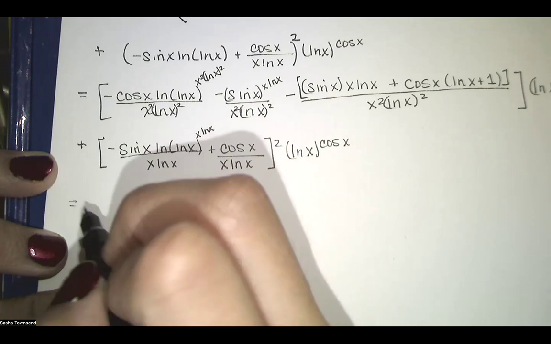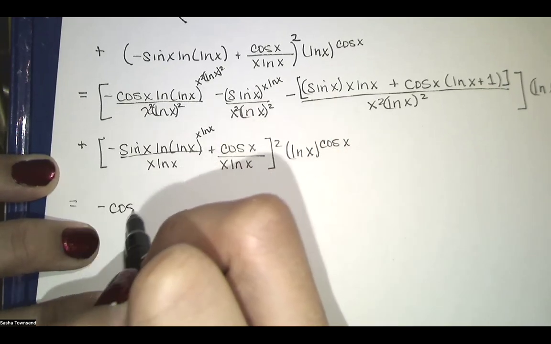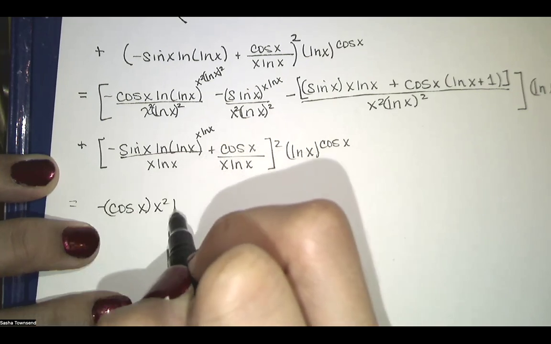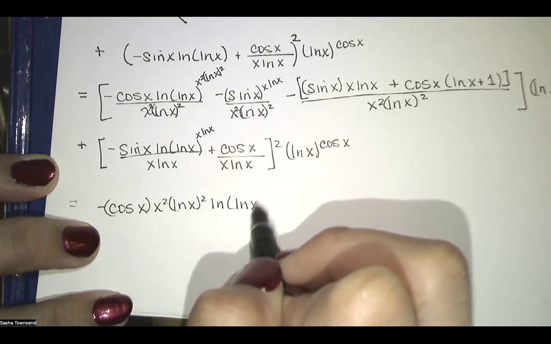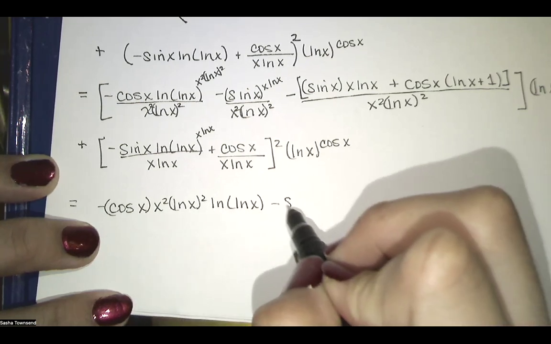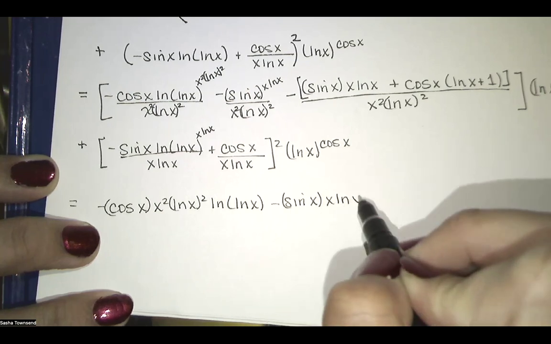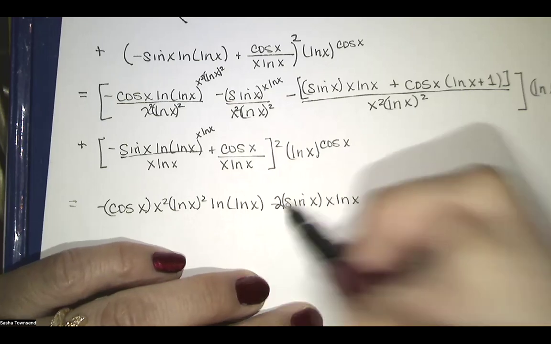So now we've got, here we'll have negative cosine of x times x squared natural log of x squared times natural log of x, minus sine of x times x natural log of x, minus another one of those. We actually have two of those.